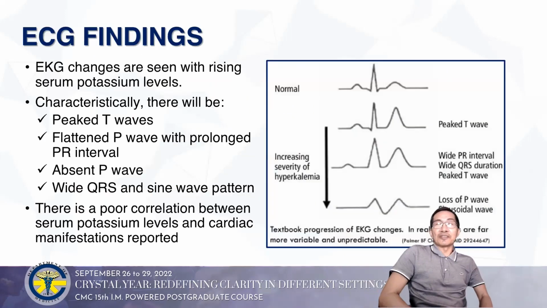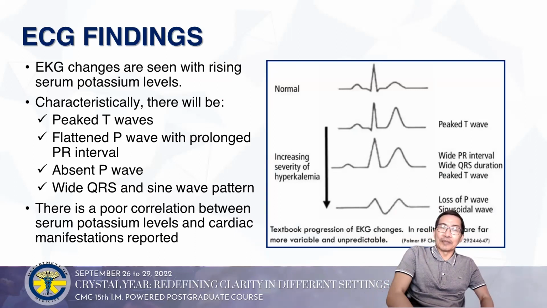Now, we said earlier that sometimes hyperkalemia may not actually be symptomatic at all, but there are ECG findings related to hyperkalemia. And as we know, this is due to the effects of hyperkalemia on cellular gradients. The EKG changes are seen with the rising levels of serum potassium.